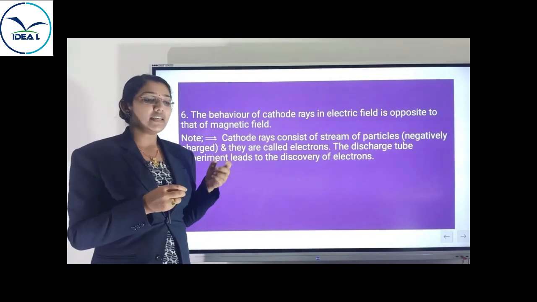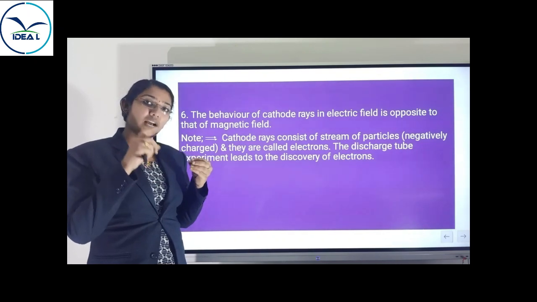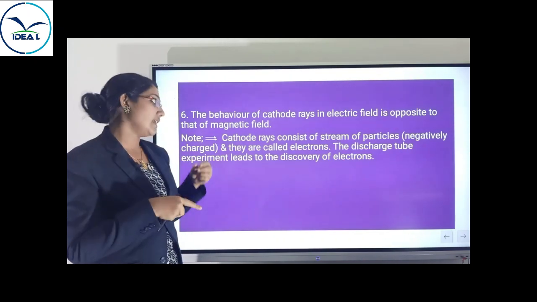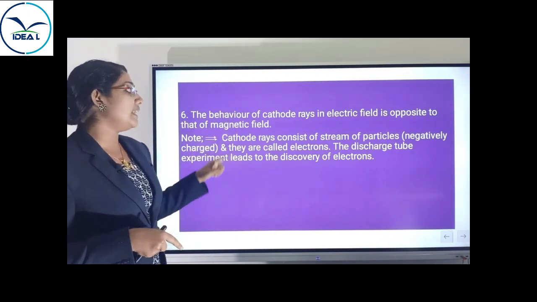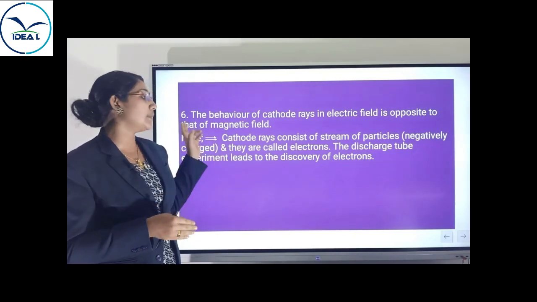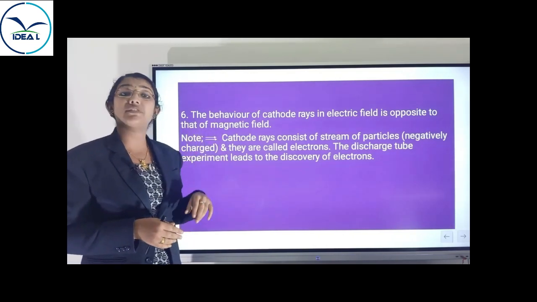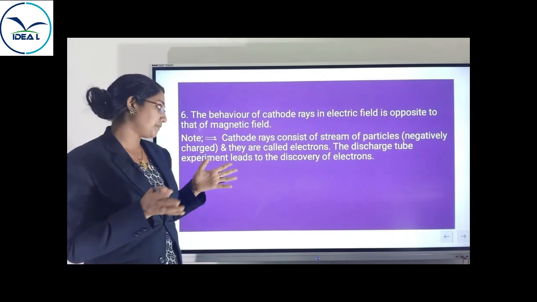We learned that in the absence of electric and magnetic fields, cathode rays travel in a straight line, right? But in the presence of an electric field, the behavior of cathode rays is just opposite to the behavior when a magnetic field is applied.